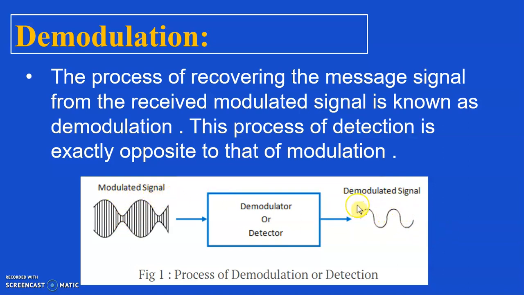So we extract the information or the message signal from the modulated signal that has been transmitted through the channel. And as we said, this is the process of demodulation or detection.